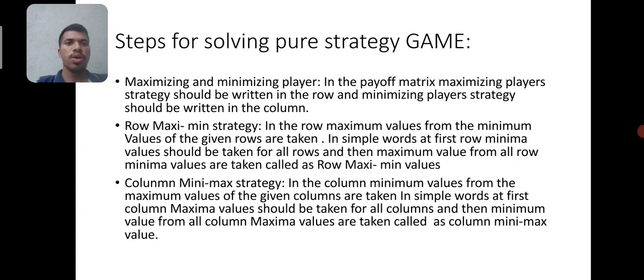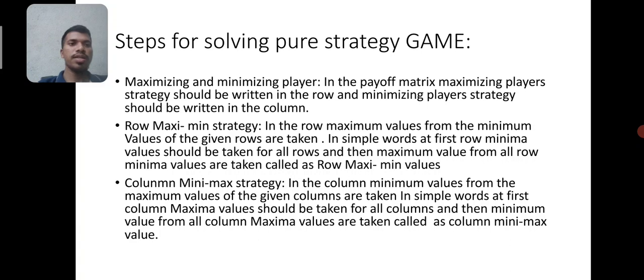and the minimizing player's strategy should be written in the columns. Row maximin strategy: in the rows, the maximum value is taken from the minimum values of the given rows. In simple words, at first the minimum value of each row is taken for all rows, and then the maximum value from all row minima is taken, called the row maximin value. Column minimax strategy: in the columns, the minimum value is taken from the maximum values of the given columns.